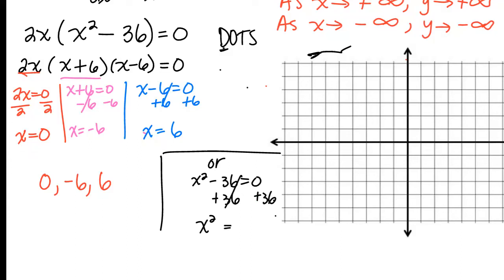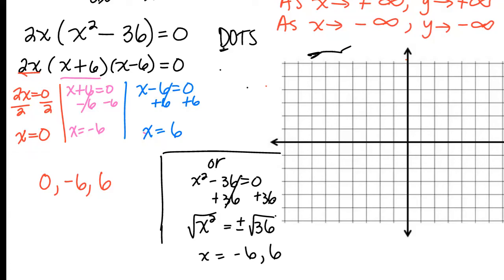That gives you x squared equals 36. And then take the square root of each side. That's a plus and a minus. So x is going to be your negative 6 and your positive 6, because the square root of 36 is 6. So if you forgot to check for dots, you can still solve it like this, like we did yesterday. Okay?